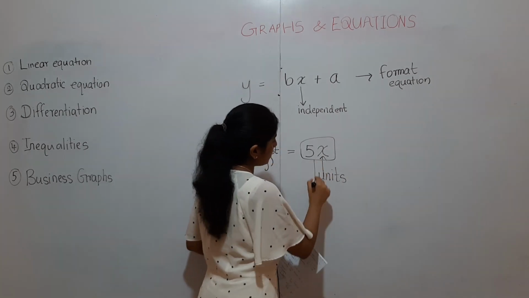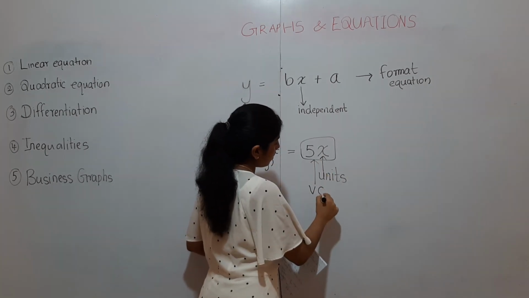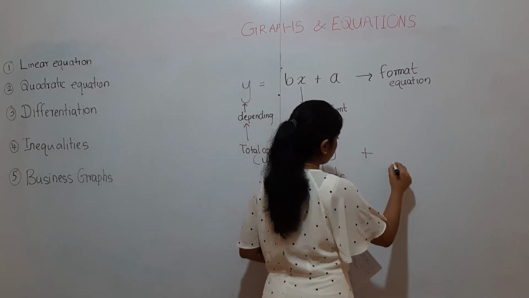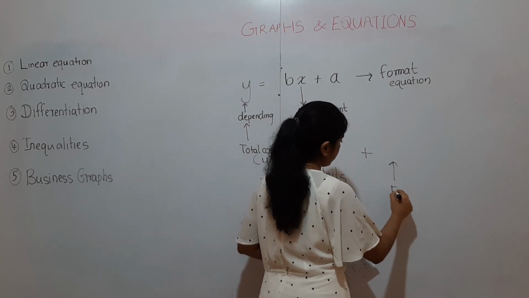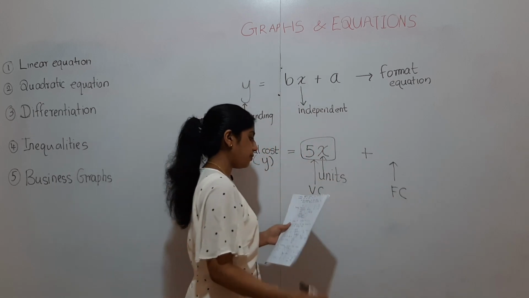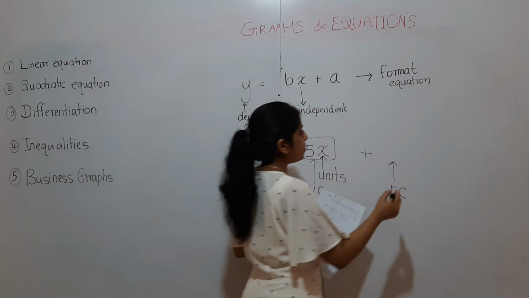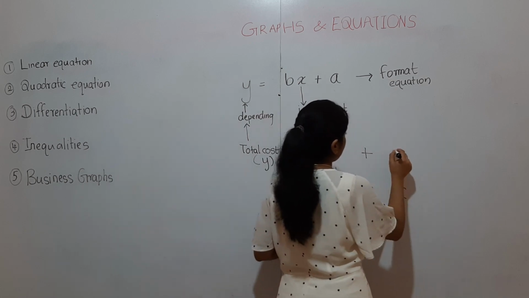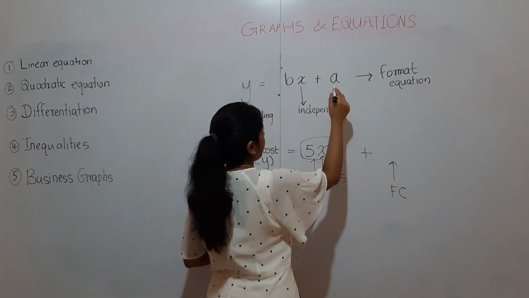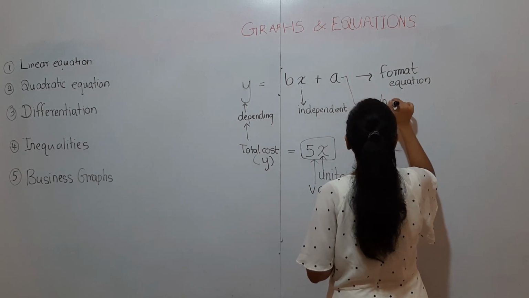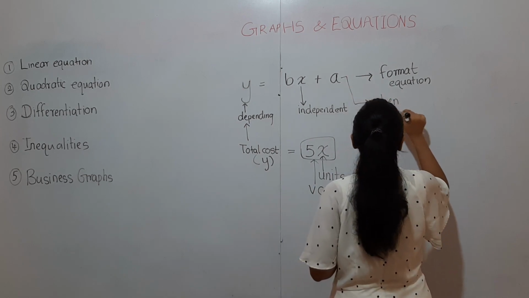And this portion is called the variable cost. Plus, we know we should add the fixed cost. But fixed cost they have given 75. Now, this A over here, we will get this A when x equals 0, isn't it?